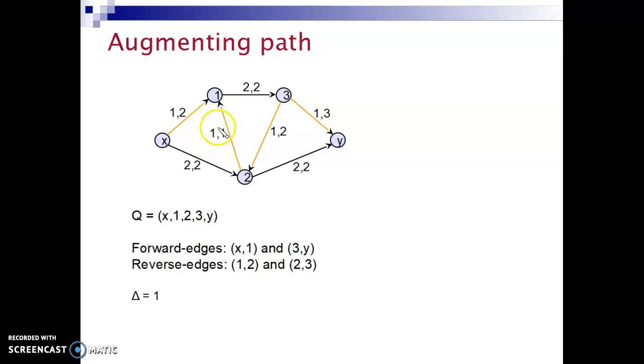So delta here is again equal to 1. In this edge here, delta is equal to 1 because the flow value is equal to 1. And finally, in this edge, 3 to y, the delta value is equal to 2. That's the difference between the capacity and the flow. So the minimum of all these delta values is equal to 1.